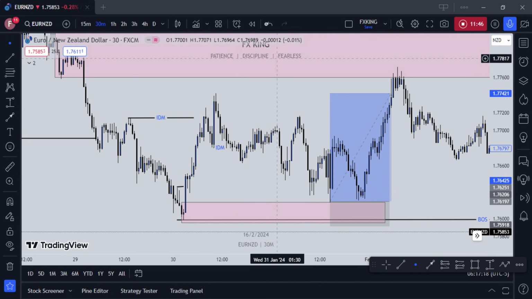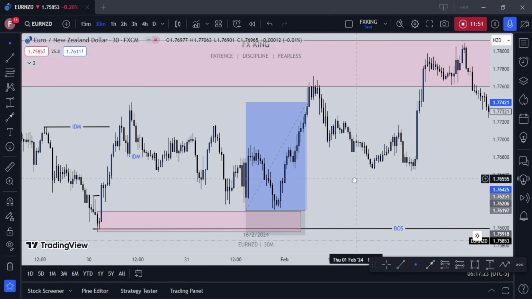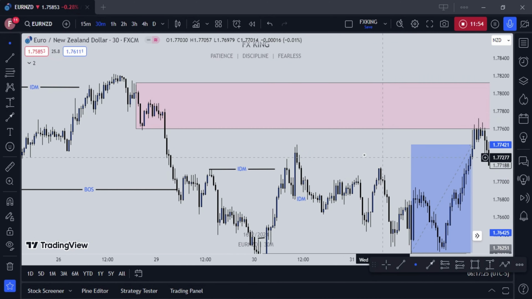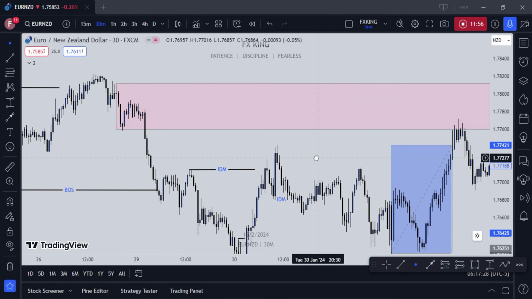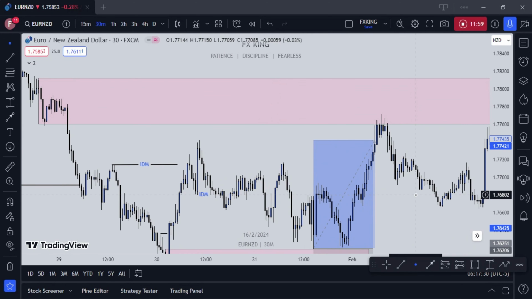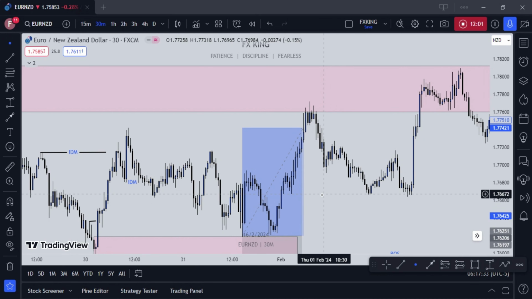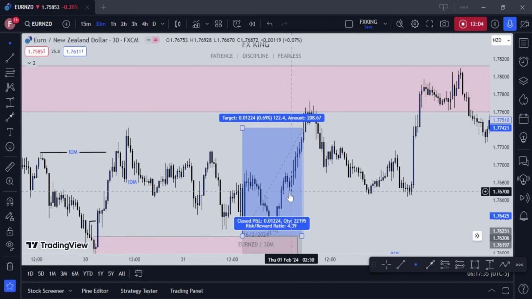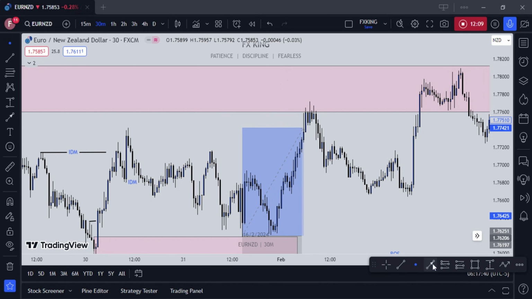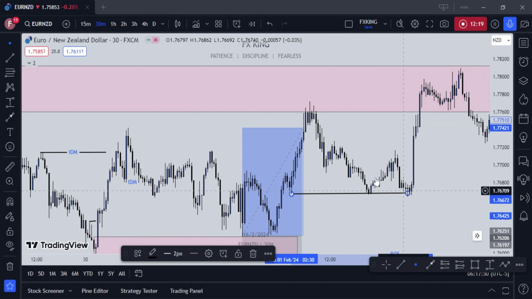Now you can see that after price reached this point of interest, we saw that price already tapped into this bigger time frame POI, right? So we still need to monitor the way price behaves. As you can see here, at our level of inducement, when price took out this inducement, it gave us this SUB here.